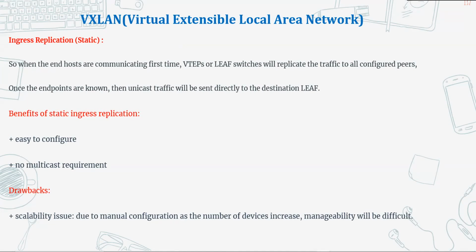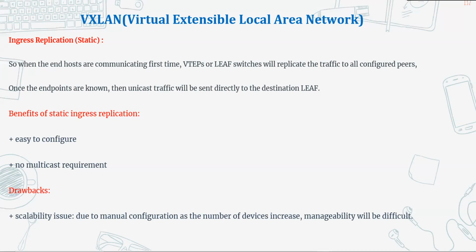Via the ARP process earlier, they already know which host is behind which VTEP or leaf switch, so they can directly send the traffic to that particular leaf switch. So what are the benefits of static ingress replication?